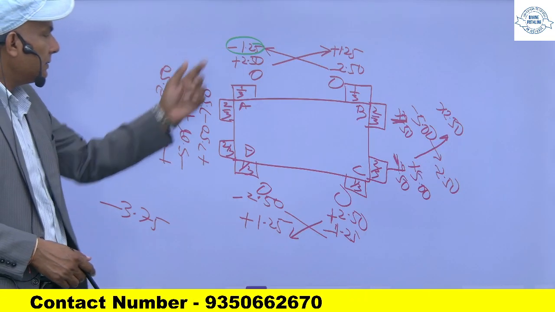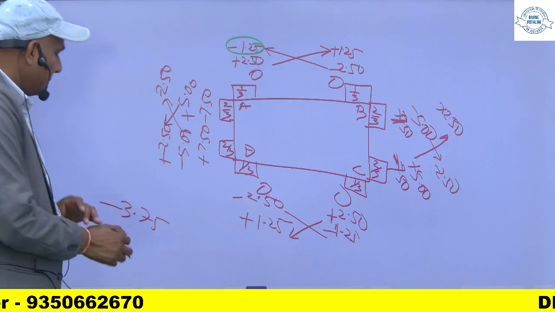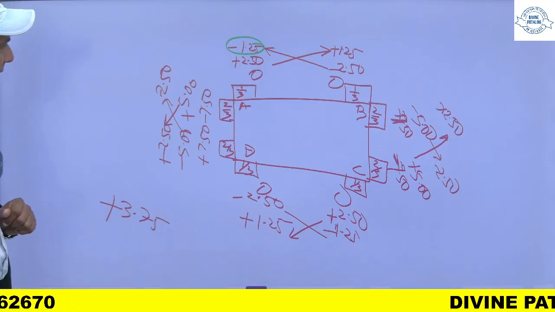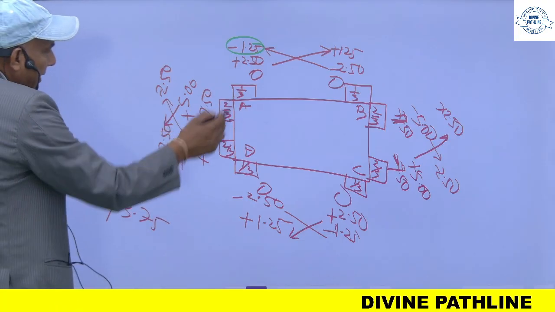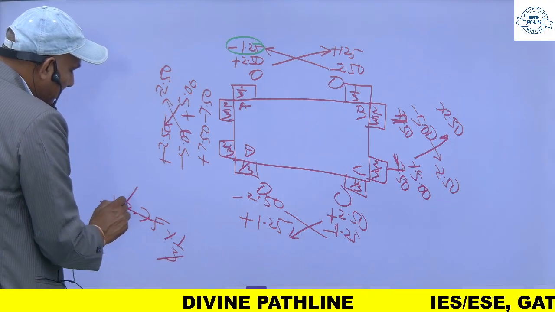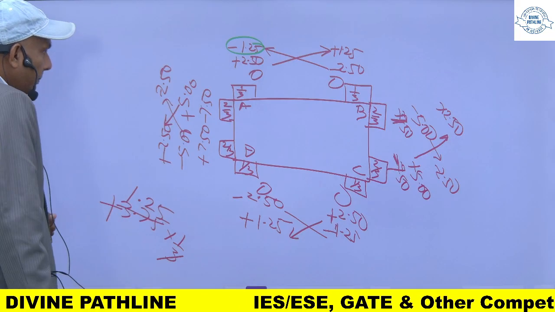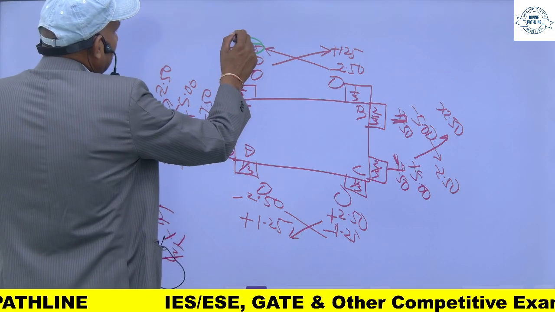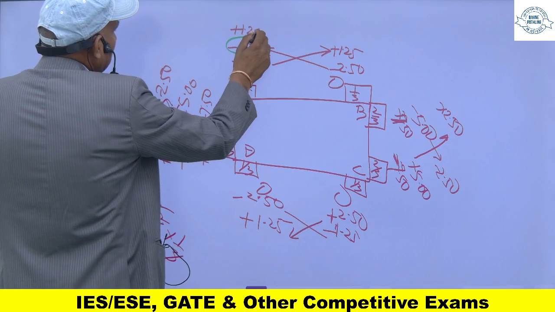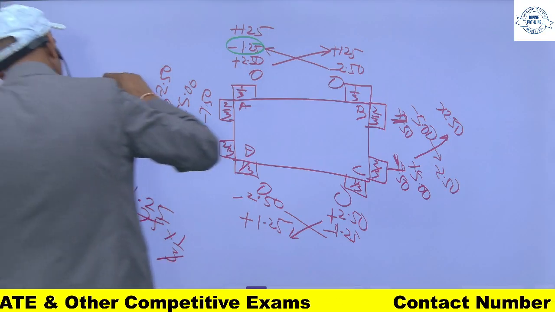For this, I will apply a correcting moment of plus 3.75 and I will multiply it by 1 by 3. So it will be plus 1.25 and this will be 2 times of this.